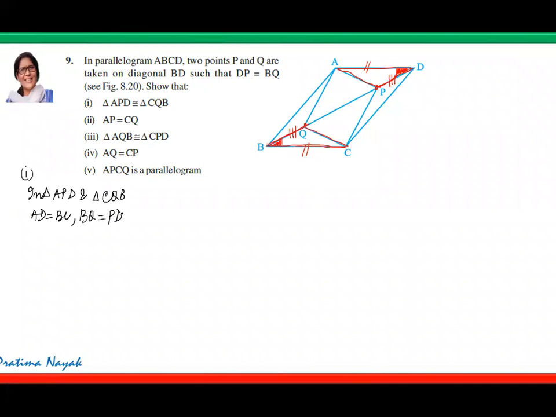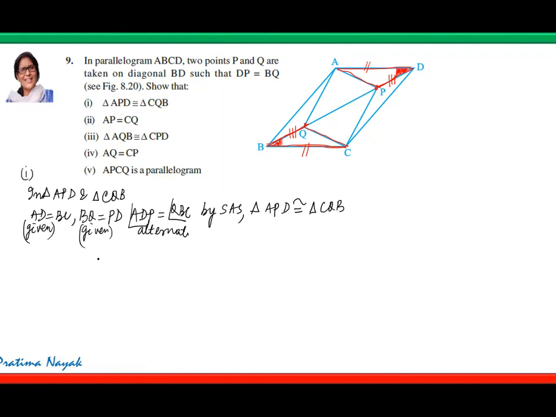And angle ADP is equal to angle QBC. So by SAS congruency, triangle APD is congruent to triangle CQB. Of course, you'll write here the logic why they are equal. This is given, it is a parallelogram, this is given, this is alternate, then this is congruent. First part is over.